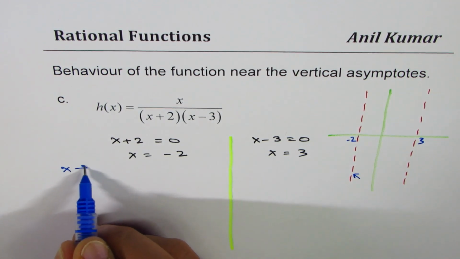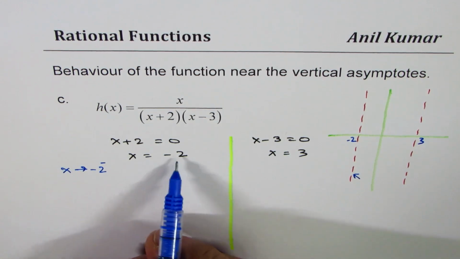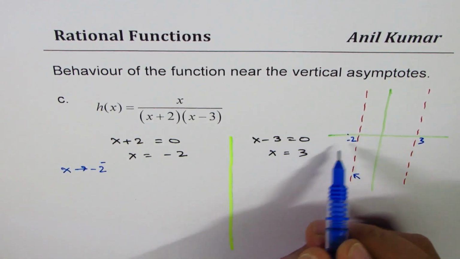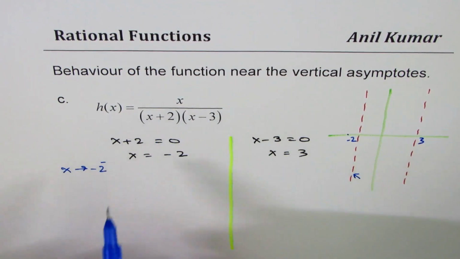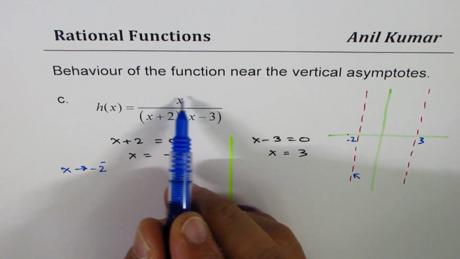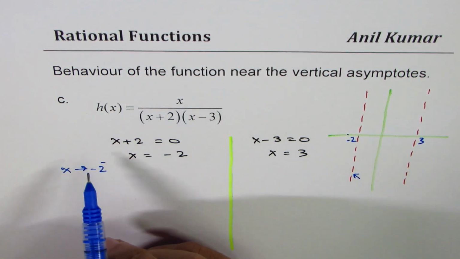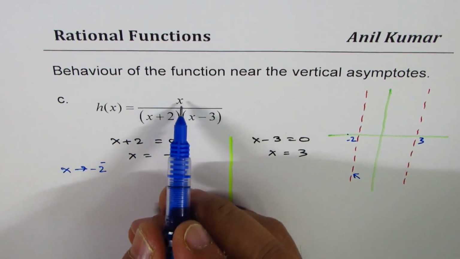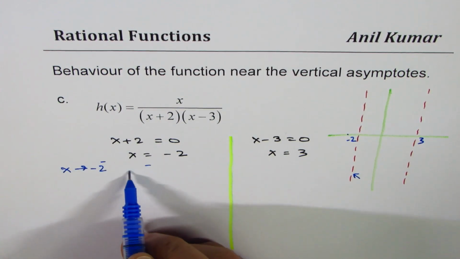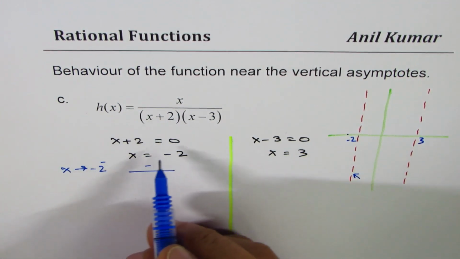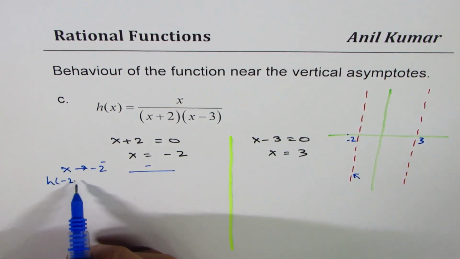So we'll say what happens when x approaches minus 2 from the negative side. If it is from the negative side, we could think about a number which is minus 2.1. In that case, what happens? Place a number in your equation. Is it negative or positive infinity? Minus 2.1 will make the numerator negative. Let me write h of minus 2.1.